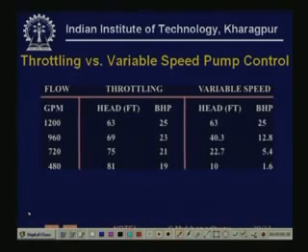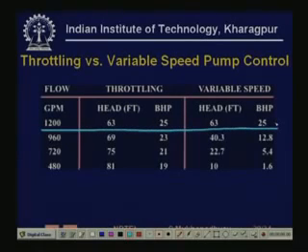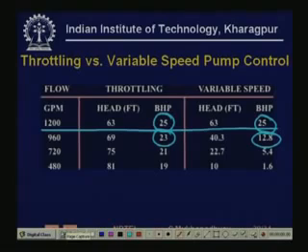At 1200 the head requirement is, and the BHP requirement is 25. At 960 for throttling it is 23, hardly reduced, but for variable speed drive it is much more reduced, again because of the fan and the pump laws. So a similar saving will result.